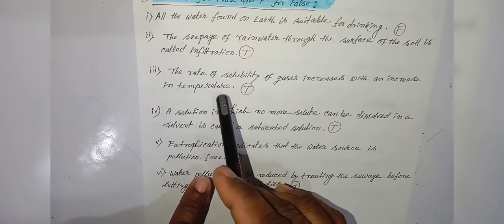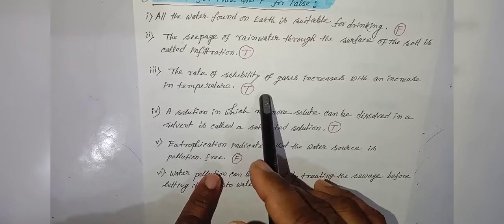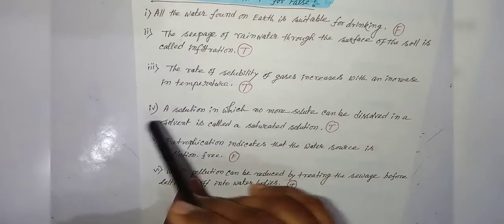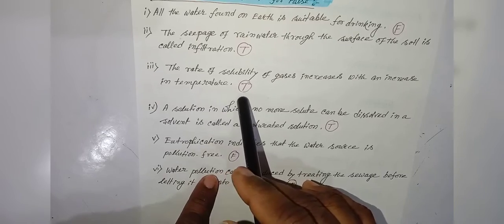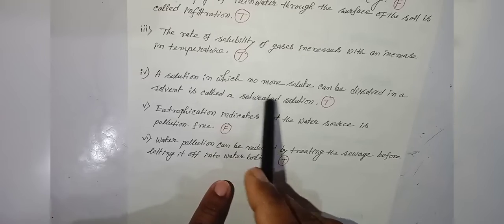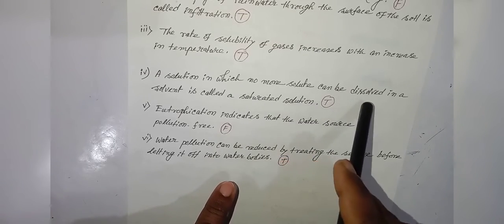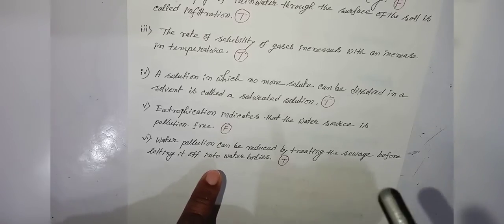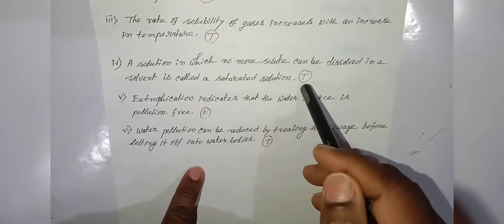The rate of solubility of gases increases with an increase in temperature. True. A solution in which no more solute can be dissolved in a solvent is called a saturated solution. True.